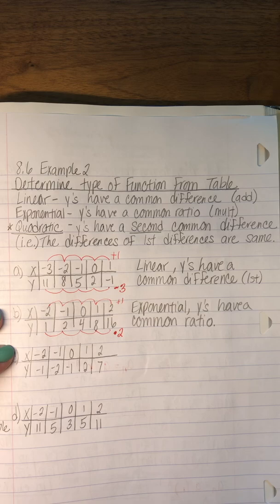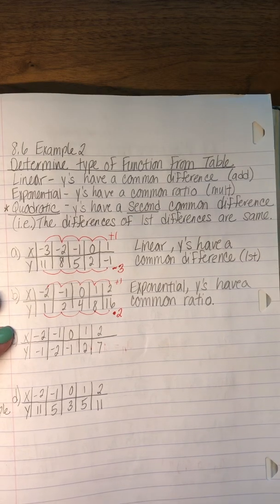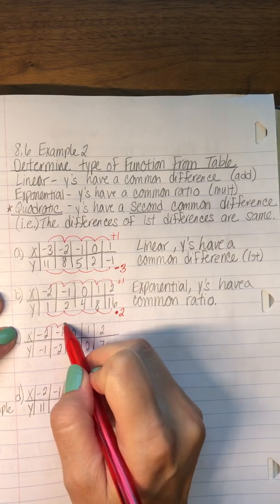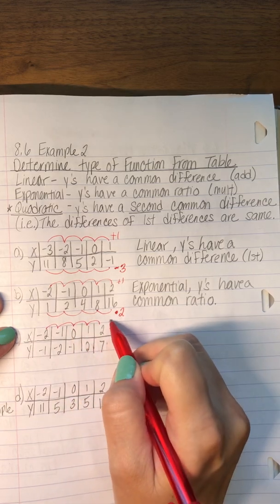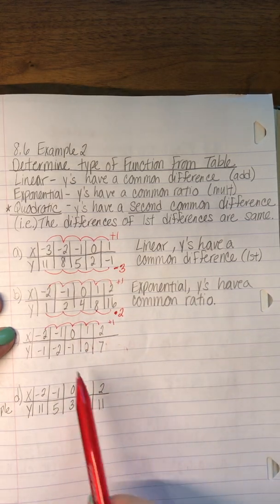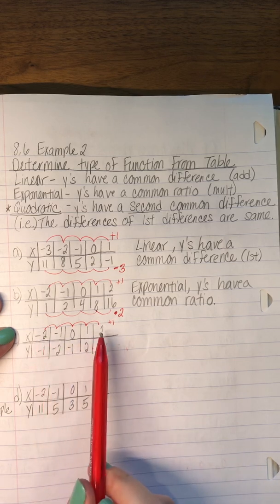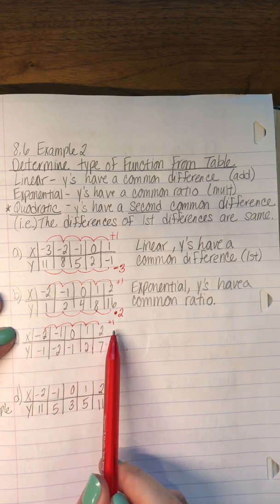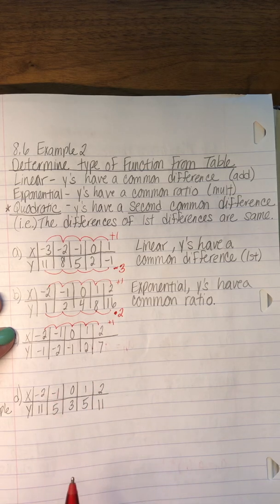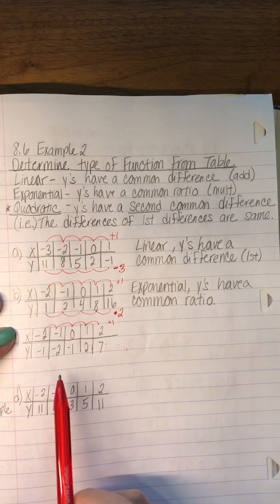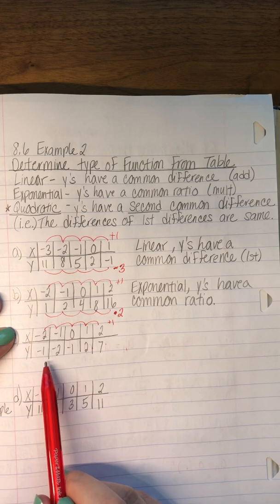Okay, let's check out letter C. So in letter C, first look at the x's. Again, we are increasing by a constant amount. We're adding 1 every time. And it doesn't always have to be +1 on the x's. It could be +2 or +3. It just has to be the same in our table. Now let's look at our y's. Is it just adding?